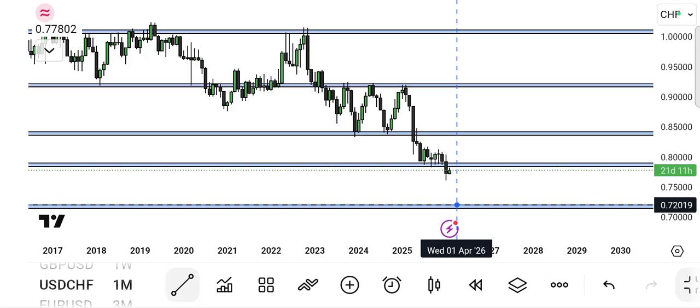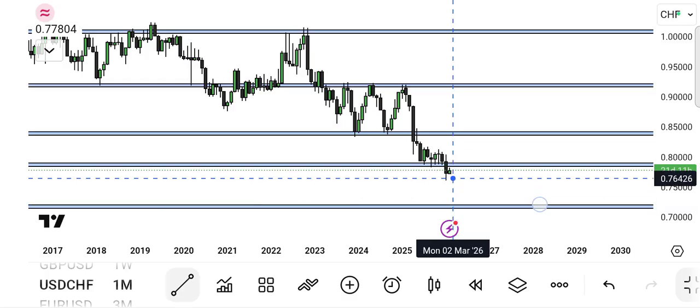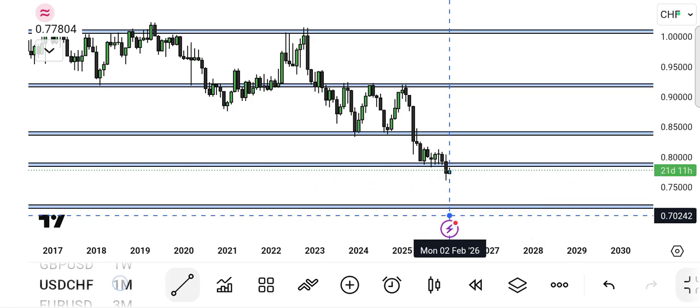So how are we going to be entering this trade? How are we going to take advantage of this? Now we're going to the weekly time frame to check for any chart pattern or obstacle that may stop this from moving to the downside.